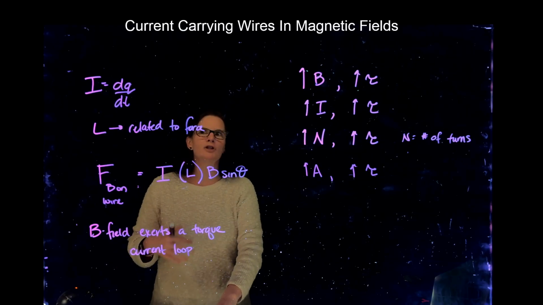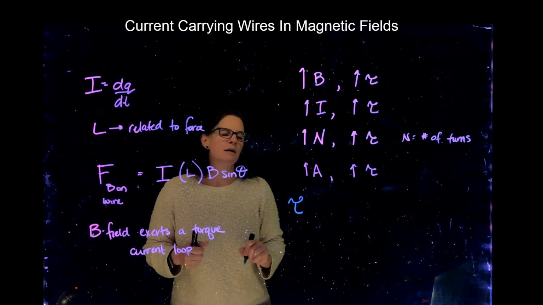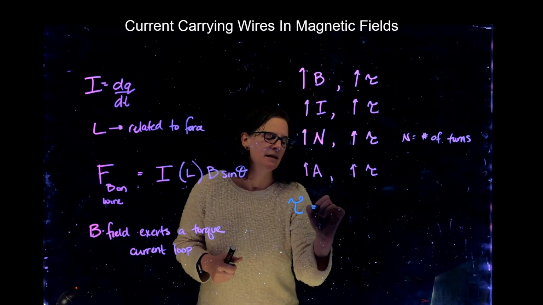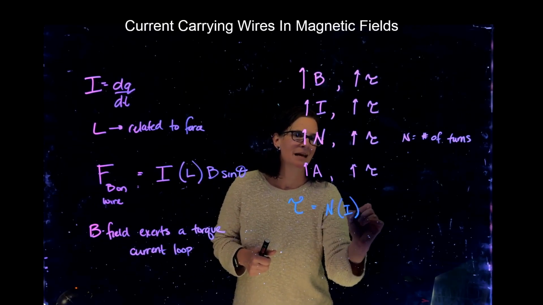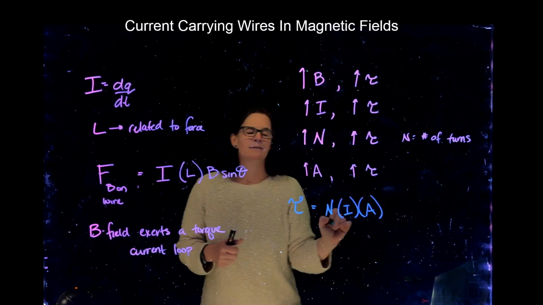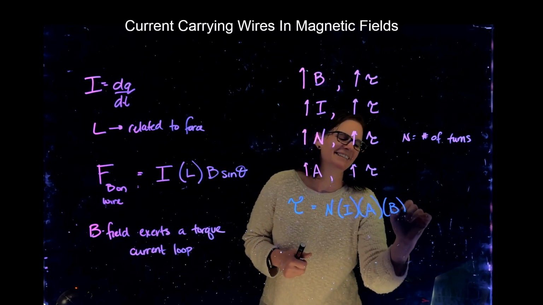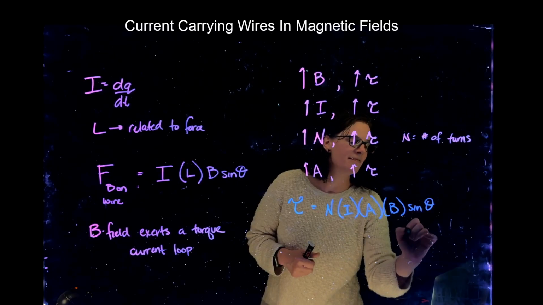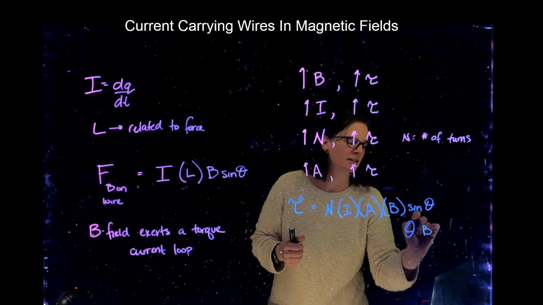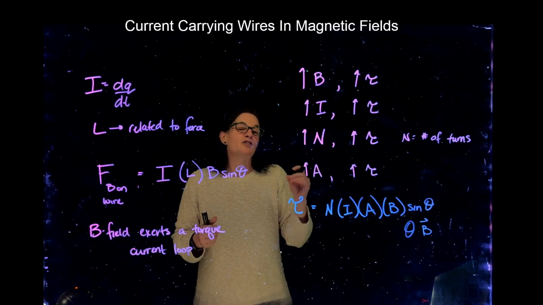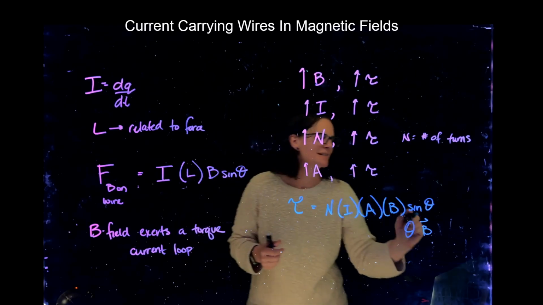Now, this leads to the torque relationship that we have for magnetic fields. The torque by a magnetic field is equal to the number of loops times the current times the area of that loop times the magnetic field times the sine of the angle. And this angle is between the magnetic field and the direction perpendicular to the area. We're going to give that a name in just a second.